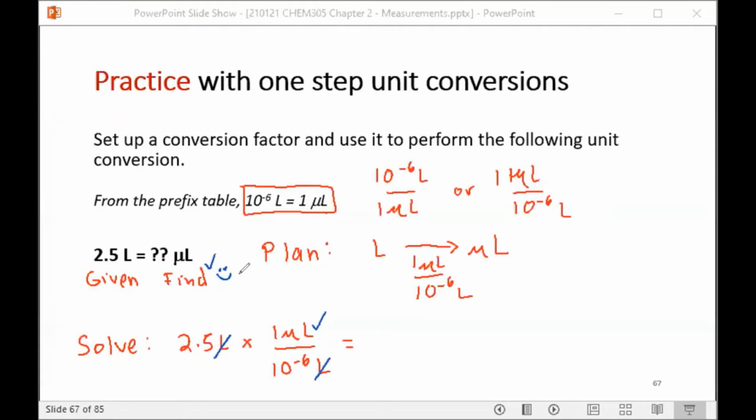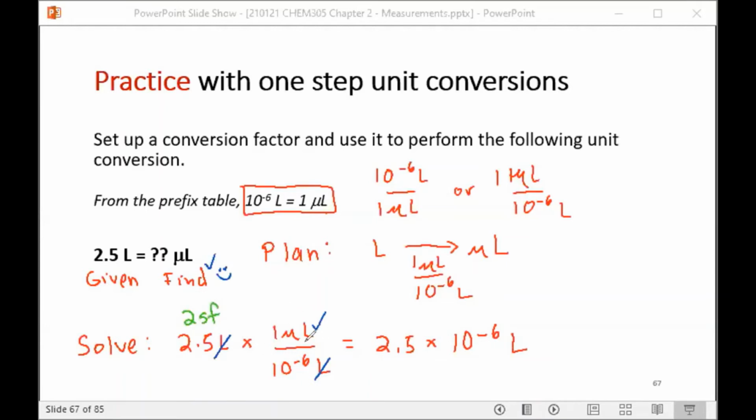So now you're ready to plug it into your calculator. So you do 2.5 times 1, which is just 2.5. So you can just do 2.5 divided by 10 to the negative 6. And so you end up getting 2.5 times 10 to the negative 6 liters. We always want to check our sig figs. In 2.5, our starting value, we had 2 sig figs.